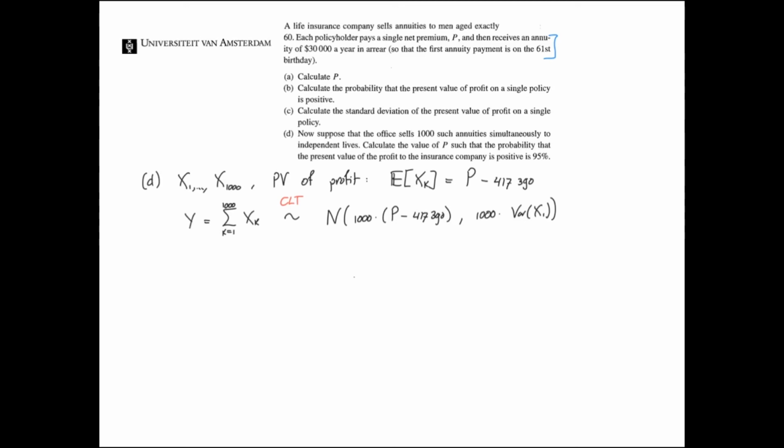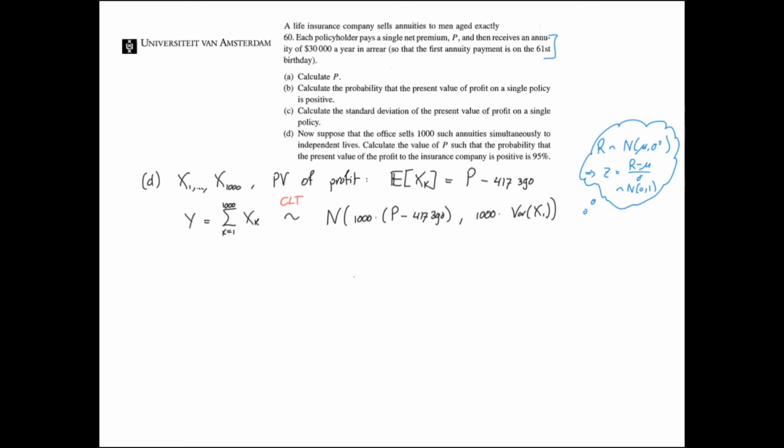Now recall that for some random variable, let's call it r, if r is normally distributed with mean mu and variance sigma squared, then z, defined as r minus mu divided by sigma, will have a standard normal distribution, and we will use that.